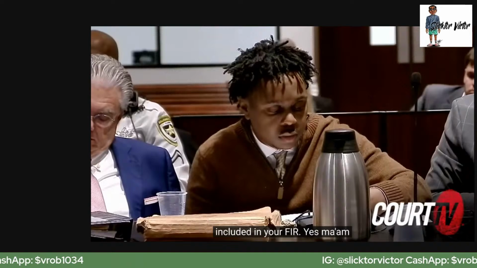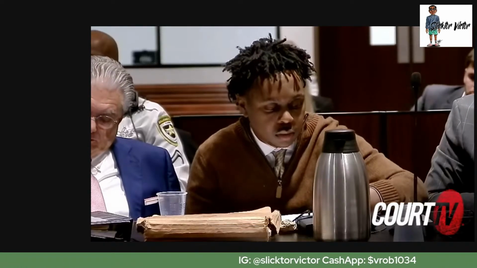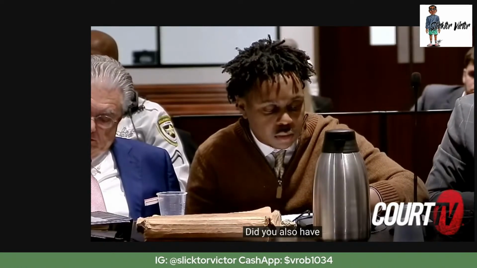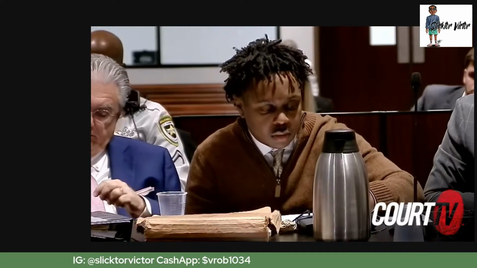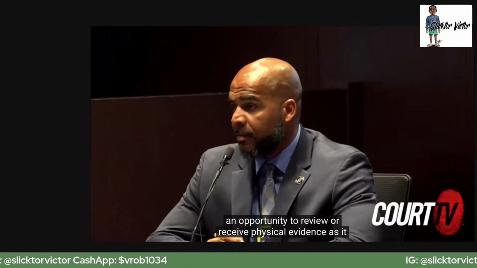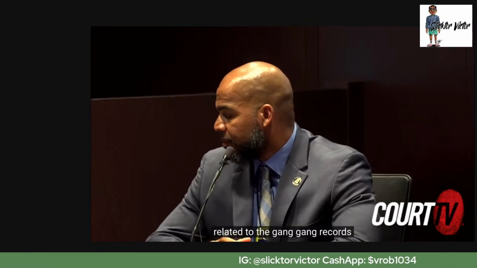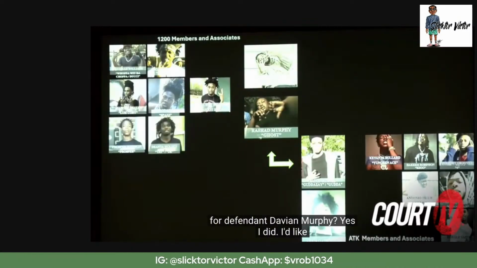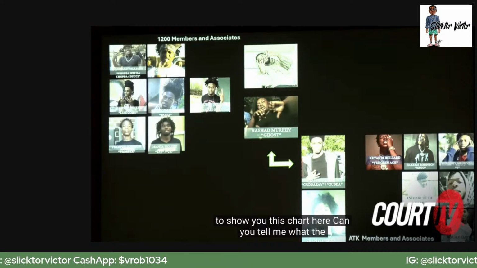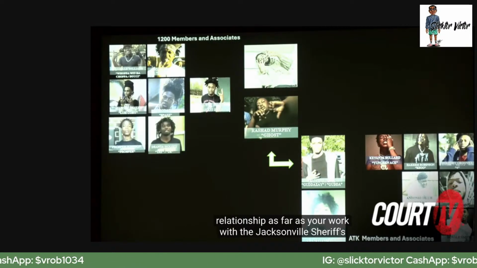Did you also have an opportunity to review or receive physical evidence as it related to the gang records for defendant Davian Murphy? Yes, I did. I'd like to show you this chart here. Can you tell me what the relationship, as far as your work with the Jacksonville Sheriff's Office and 1200, was between ATK and 1200? They would be considered friendly with each other.